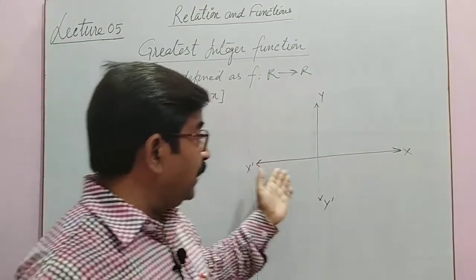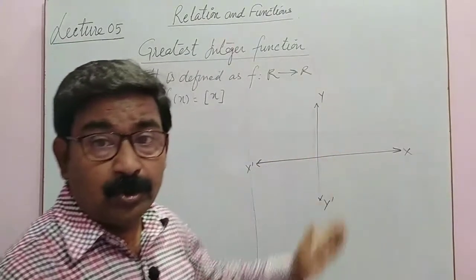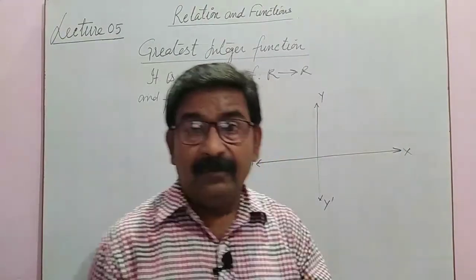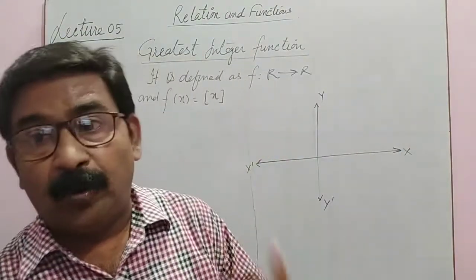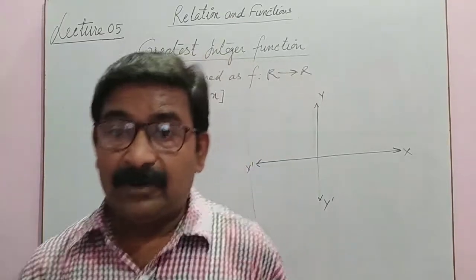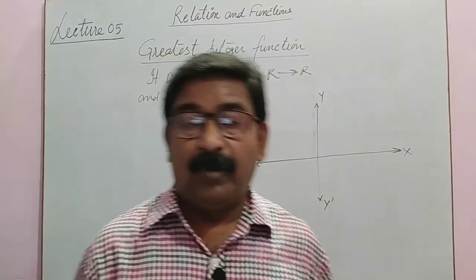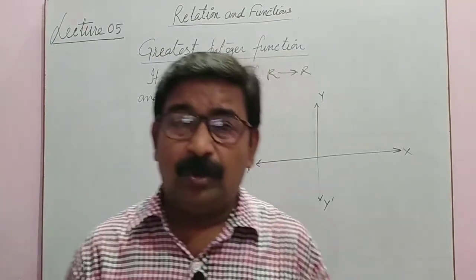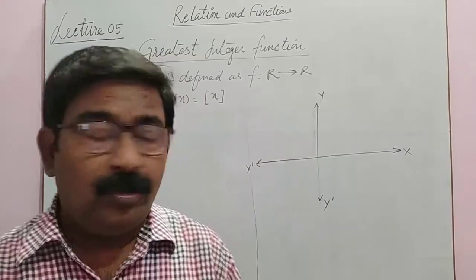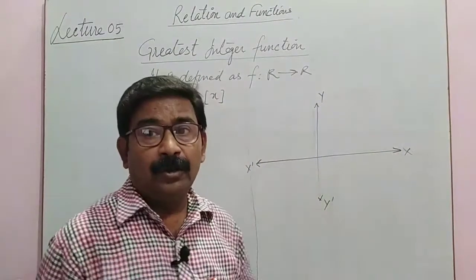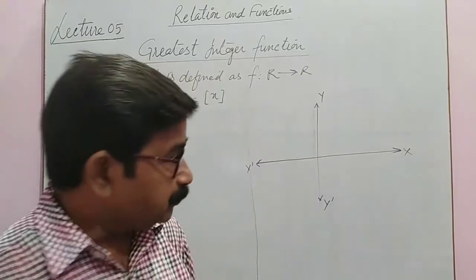You can be given, or you can choose, any value of x, like 2.5, 3.5, minus 1.5, minus 2.3, a decimal value, rational value, irrational value, whatever you want to keep on this number line, that is the real line. So we will have a real number.